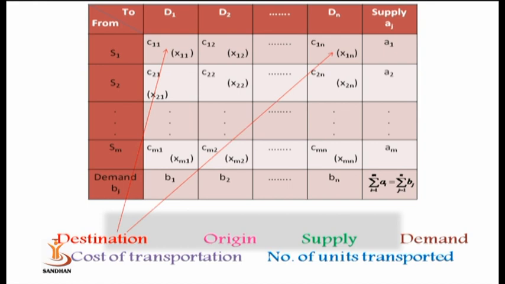D1 up to Dn are the different destinations here. And similarly, S1 to Sm are the different origins here. Supply in green here is from A1 to Am. And likewise, demand is from B1 to Bn.